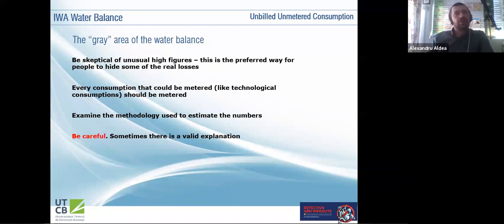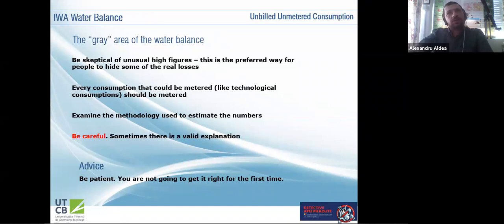They made a pressure test, and for a network that corresponds to a small locality, those volumes were quite important. So in some cases there is a valid explanation, and in one or two years they might have some high unbilled unmetered consumption, for example.